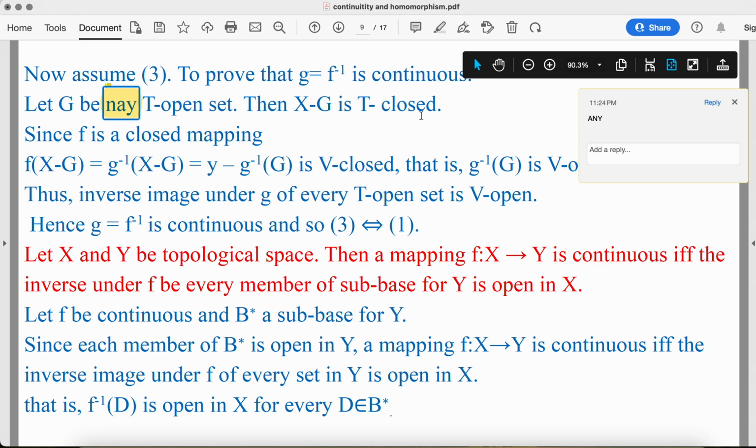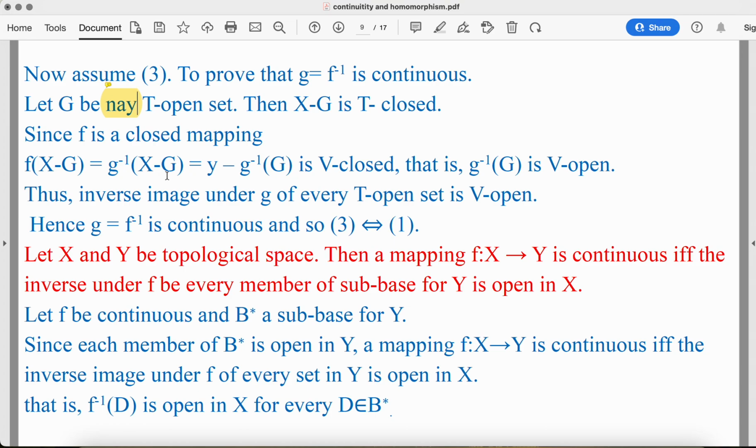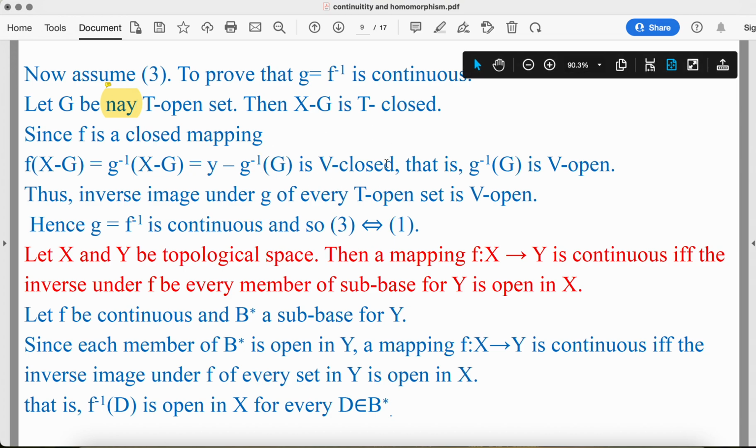Then X minus G is T closed. Since f is a closed mapping, f of X minus G is equal to g inverse of X minus G, and we can write it as Y minus g inverse G, and it is V closed.